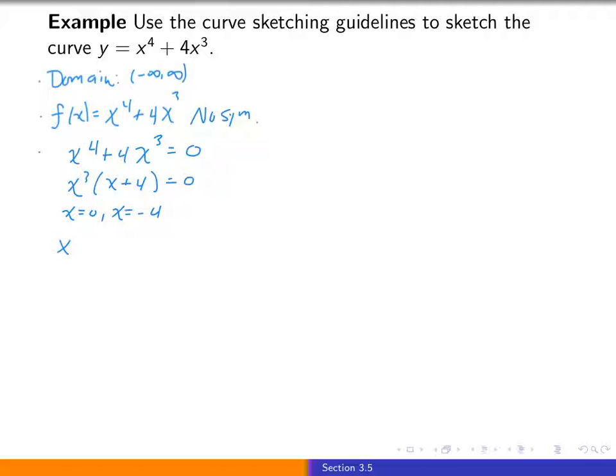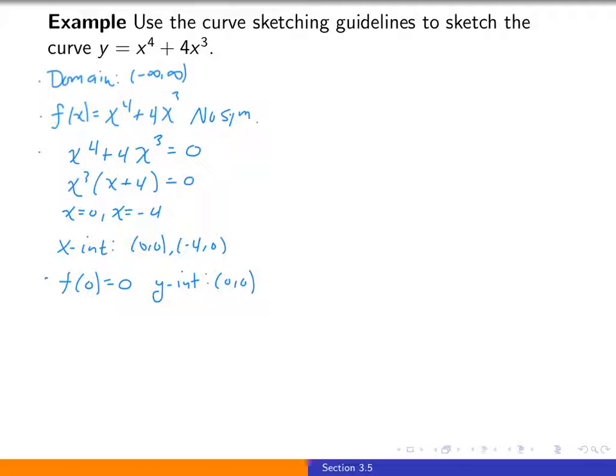So our x-intercepts will be the points 0, 0, and minus 4, 0. Then we think about finding the y-intercepts as well. So to find the y-intercepts, we know f of 0 is 0. So our y-intercept is really just the x-intercept 0, 0 that we already had.